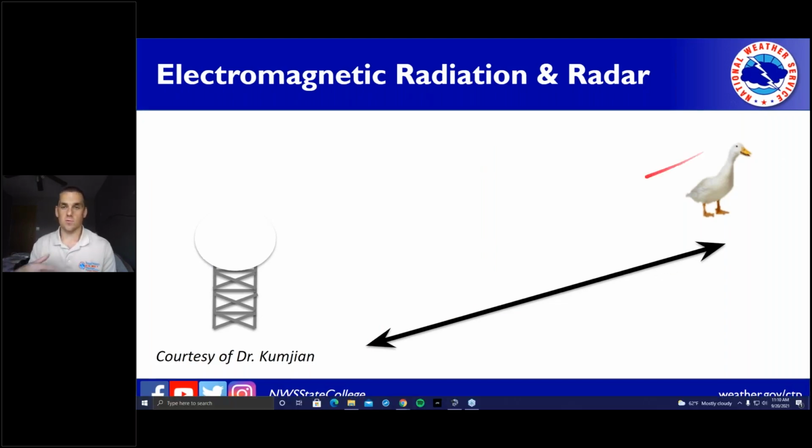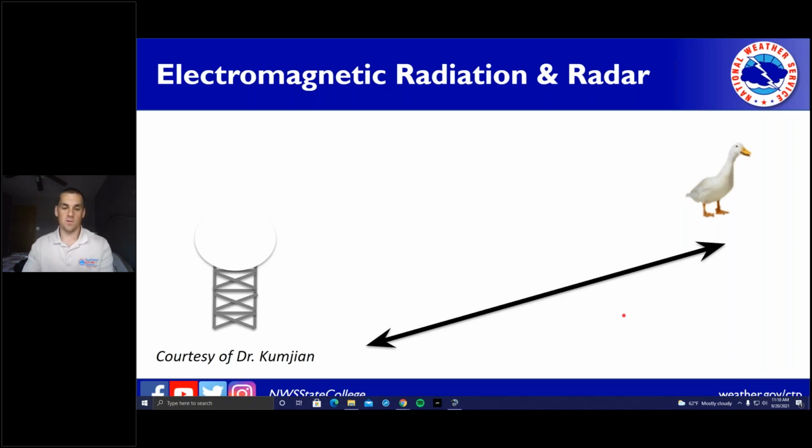Depending on exactly what it hits and how much of it, that is going to show in the return. As you're likely used to seeing on your radar apps or on TV, the cooler colors, the blues and greens, are going to be the lighter, or weaker, returns. Then as we get into the warmer colors, the reds and purples, that's going to be the higher returns, or the higher reflectivity the radar is picking up.